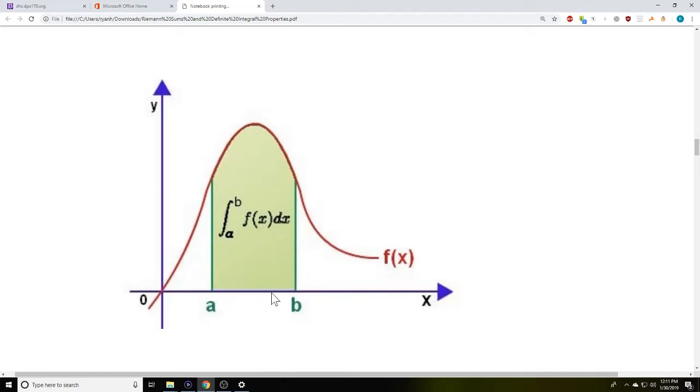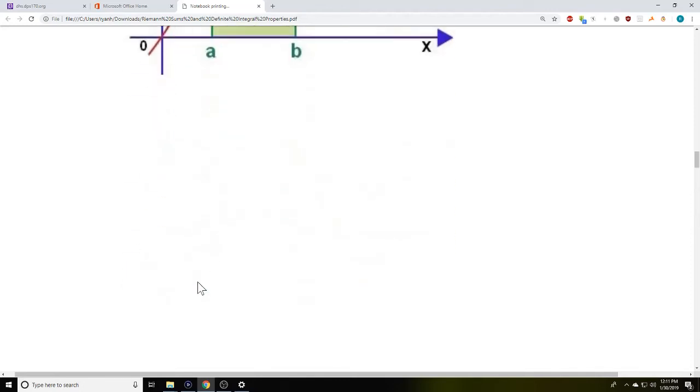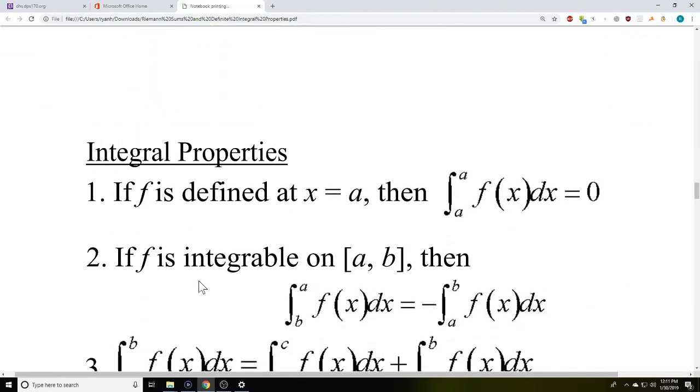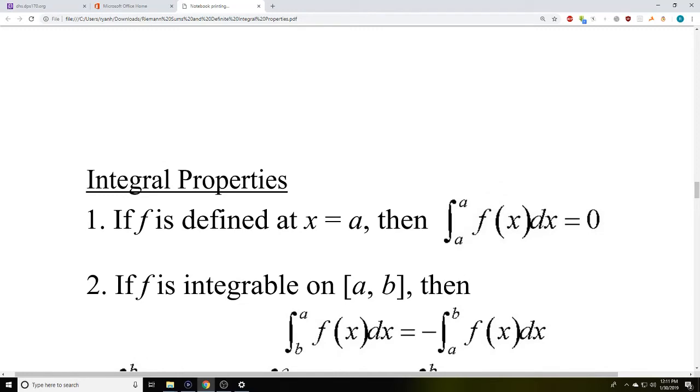So if I start at b and end at a, our rule is that we're going to make that negative. That's a negative integral from a to b. And we'll see algebraically why that is. But if we're measuring backwards, then we're going to make that answer negative.